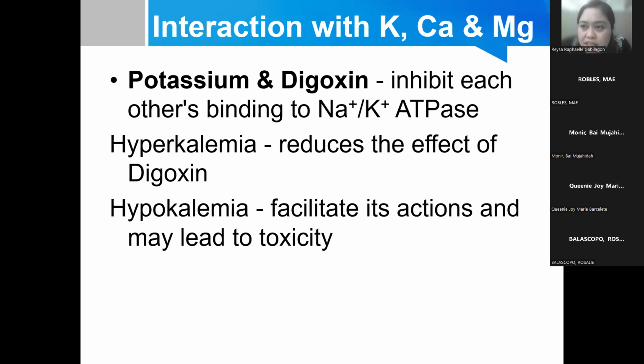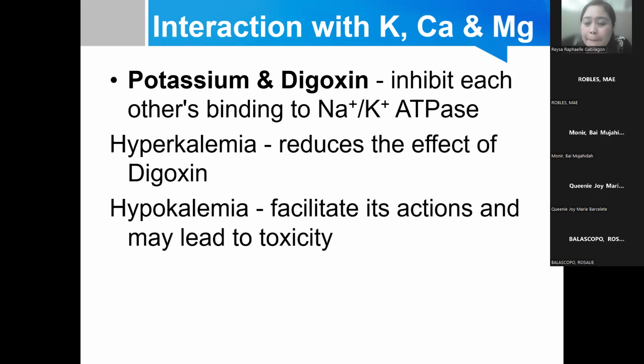Again, take note, class, our digoxin has a very low therapeutic index, wherein the ratio between the effective dose and the toxic dose is very small. So, hindi pwedeng mag-double dose talaga. And kapag binibigyan ng patient ng digoxin, we have to constantly monitor the patient.